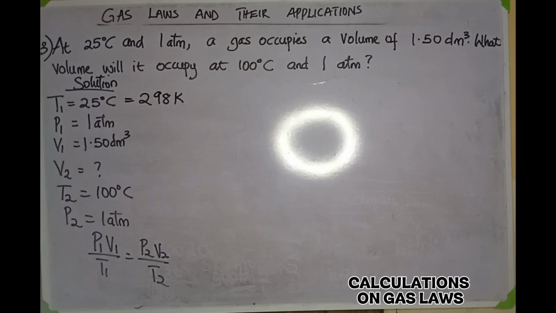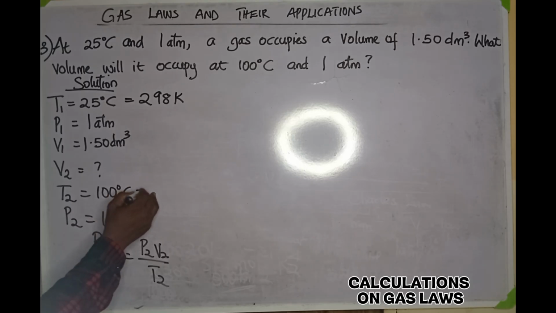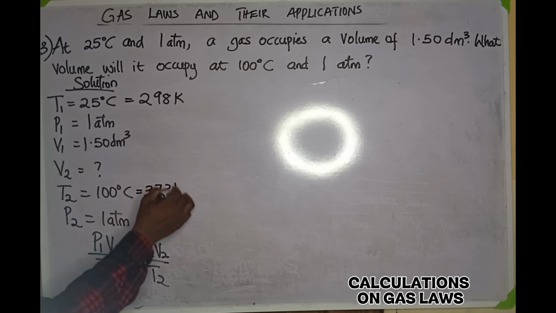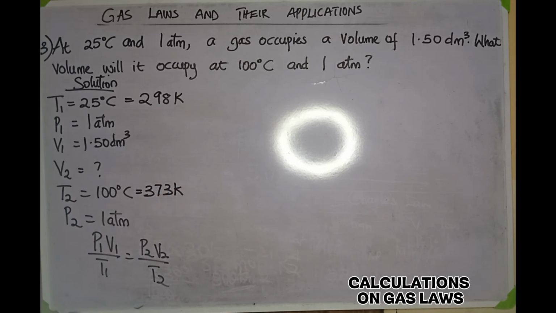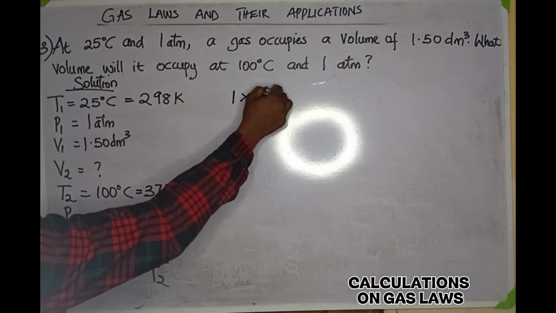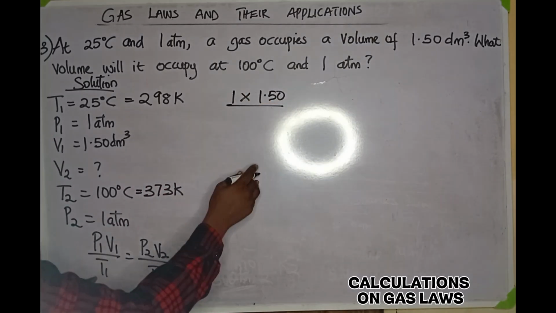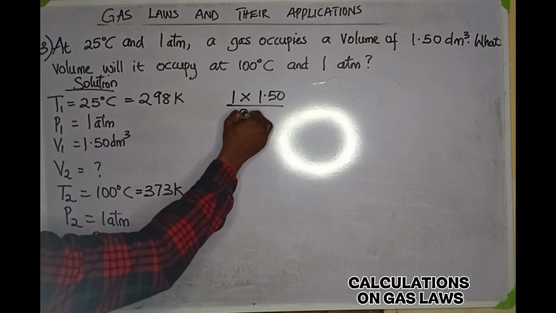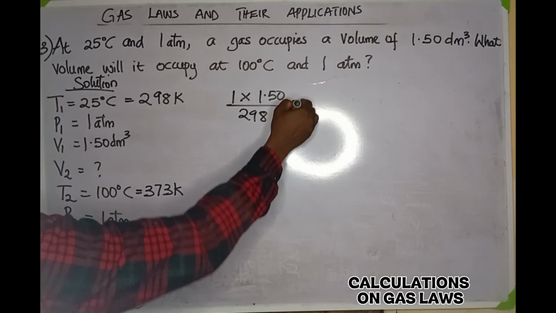You can see 100 degrees Celsius. When we convert 100 degrees Celsius to Kelvin, remember I said add what? 273. So 273 plus 100 will give us 373 Kelvin. So what we're using here is 373 Kelvin. Okay, now using our formula, P1 is 1, V1 is 1.50 over T1 is 298.